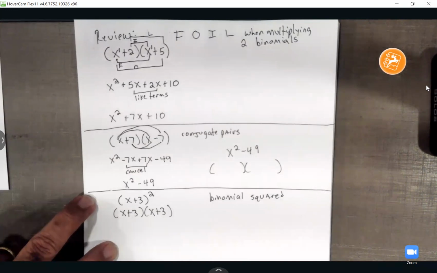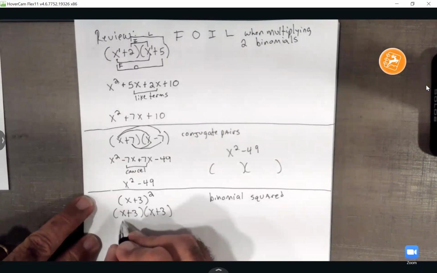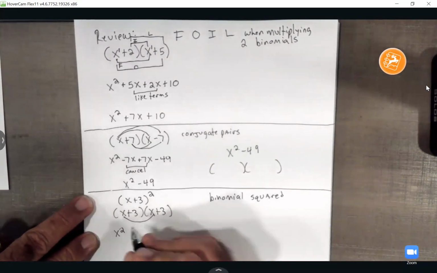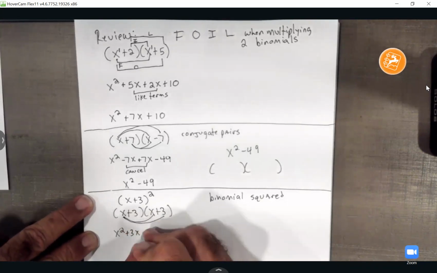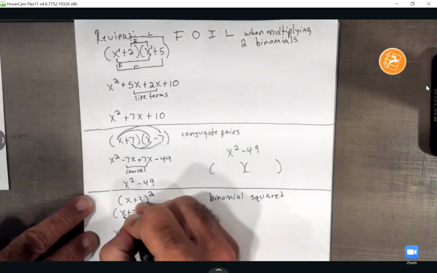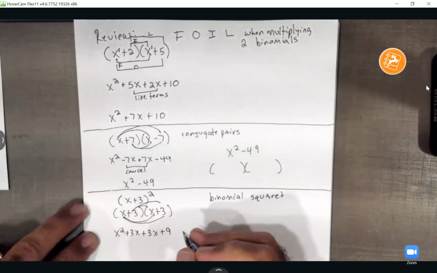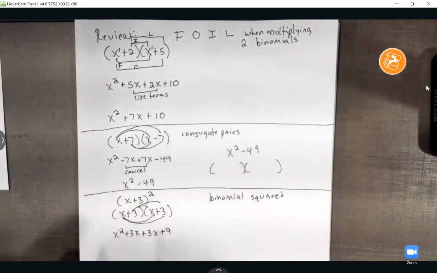All right, then what are you getting? You want to multiply x times x. That gives me x squared, plus 3x, plus 3x, plus 9. Now notice, when you square a binomial, you get like terms in the middle, but guess what?